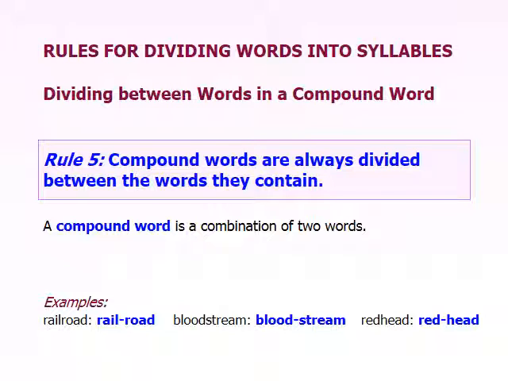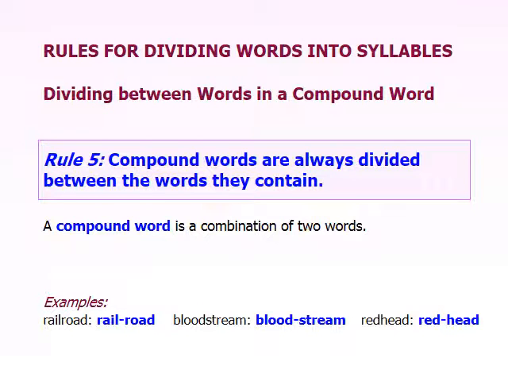Compound words are always divided between the words they contain. So railroad has two words, rail and road. We divide between them. Bloodstream, we have two words there as well, between blood and stream. Redhead, the same way, between red and head. Okay, you're going to notice that even though this is a different rule, it sort of follows some of the same rules that we've already studied.